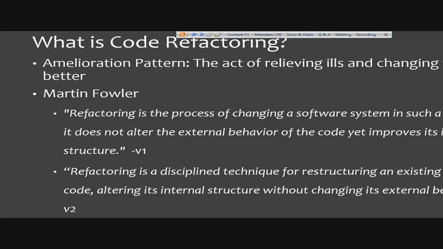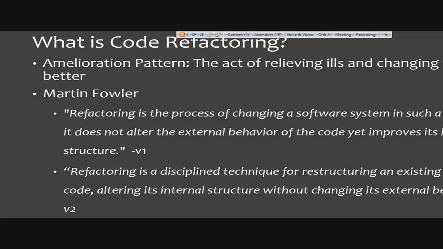In version 1 of his book, what he says is, refactoring is a process of changing a software system in such a way that it does not alter the external behavior of the code, yet improves the internal structure. That was his first definition in the book.